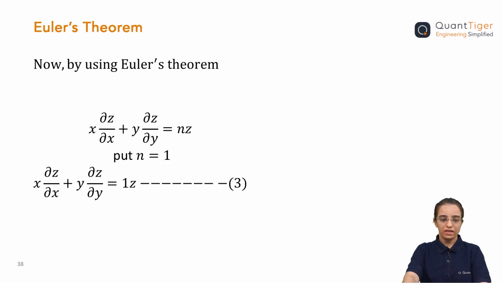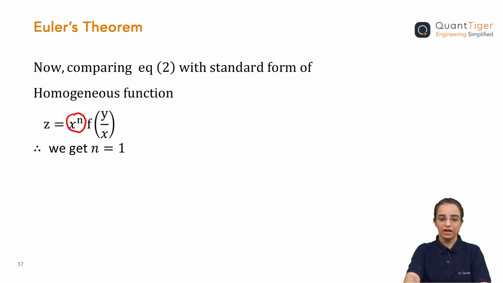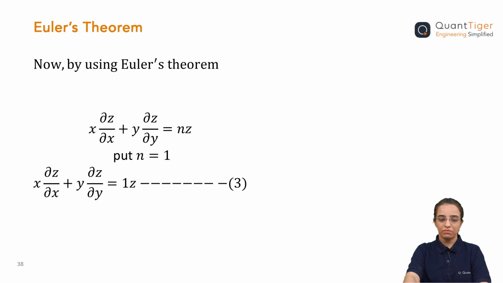Now by using Euler's theorem, x into del z by del x plus y into del z by del y is equal to nz. We just found n's value as 1, so we can substitute that value on the right hand side. So we will get equation 3 here, with n's value equal to 1.